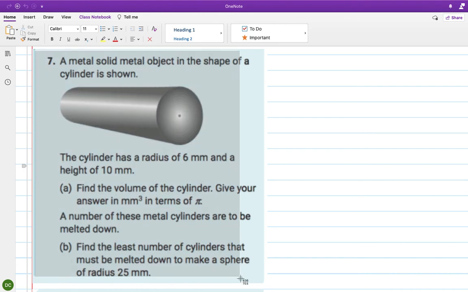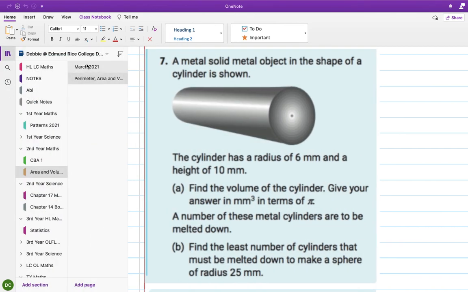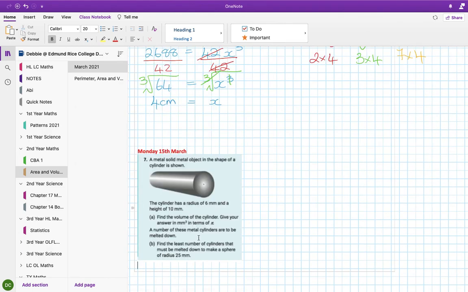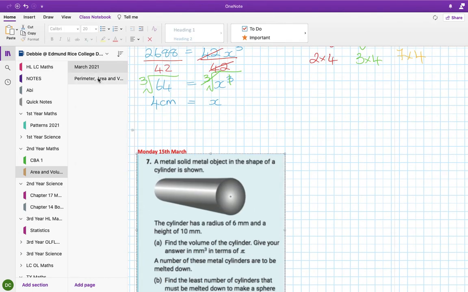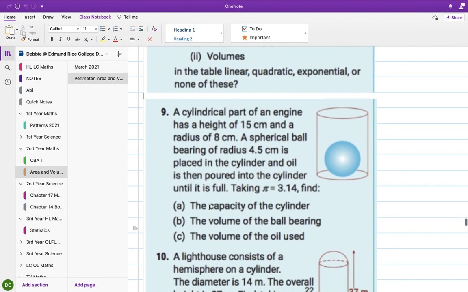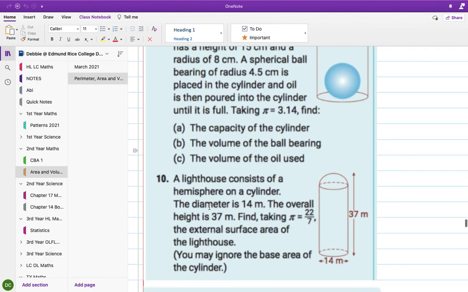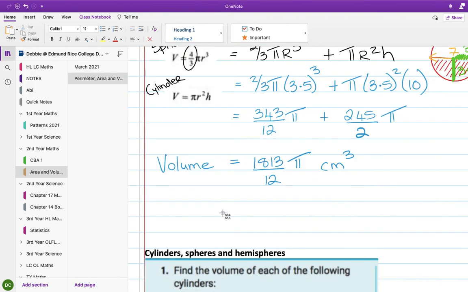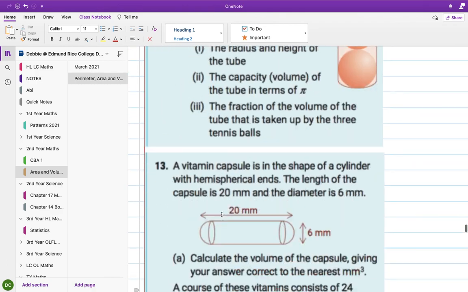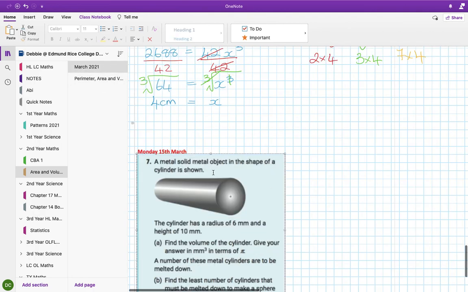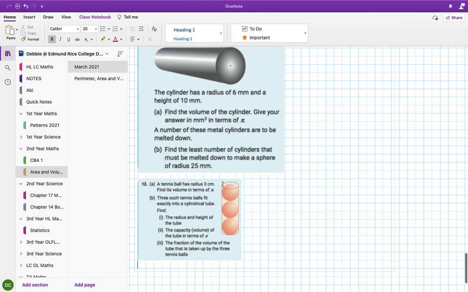So we're going to go with number 7 here, for Monday's homework. And then I saw another one. Number 12 there. That was definitely a junior cert question, I think. I remember it being a nice one.